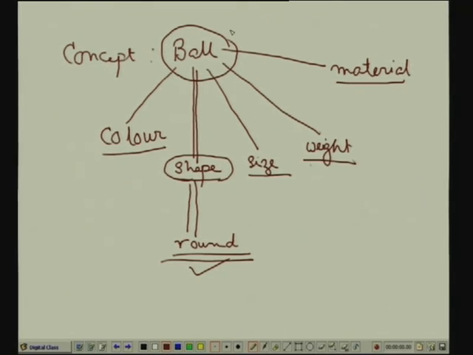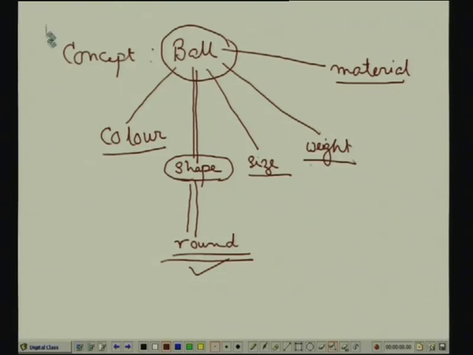Similarly, we can define a particular concept like bird. If I define a concept bird, then you can start thinking of the different attributes of the bird, maybe the type or the name of the bird.